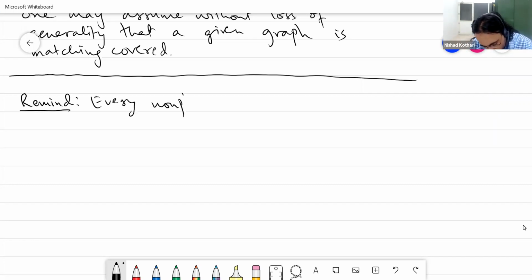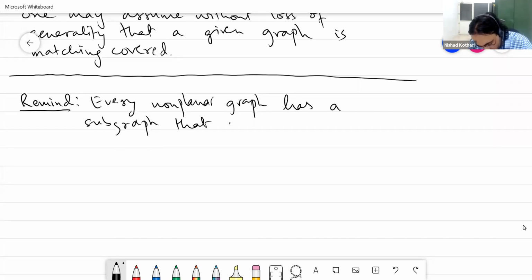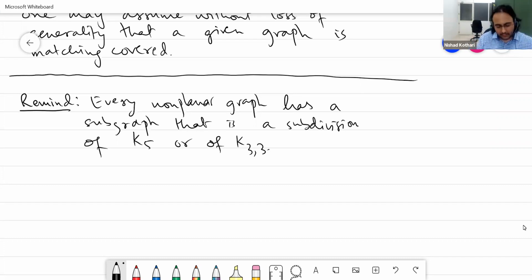Every non-planar graph has a subgraph that is a subdivision of K5 or of K3,3. Okay, that was Kuratowski's theorem, the difficult direction of Kuratowski's theorem.